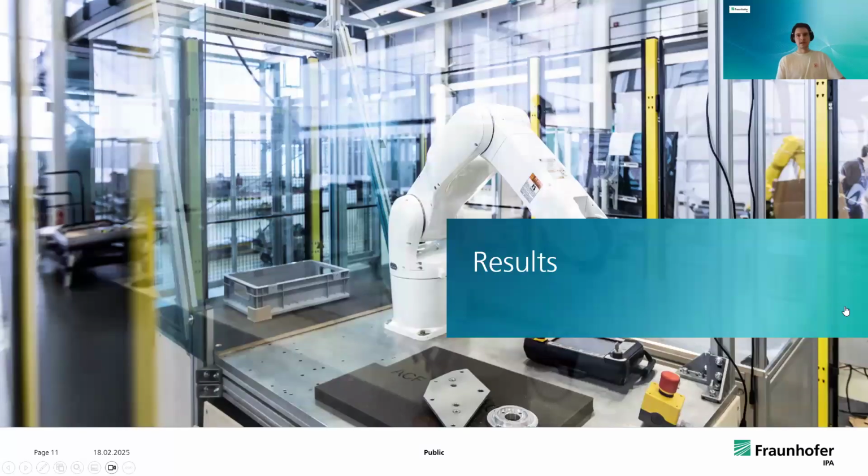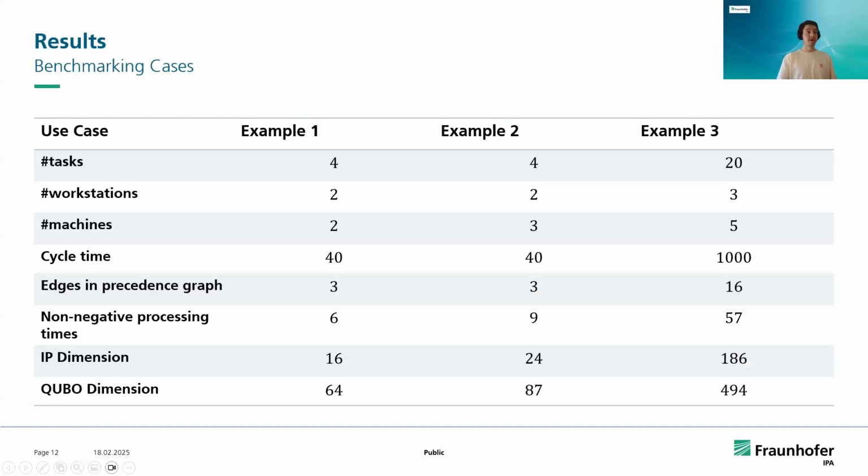Let's look at the results. In the paper we only presented the results of example 1, but in fact we used 3 examples to benchmark the method. Example 1 has 4 tasks, 2 workstations, and 2 available machines, a cycle time of 40, 3 edges in the precedence graph, 6 non-negative processing times, and this leads to a linear program dimension of 16 decision variables, and we yield a QUBO with 64.